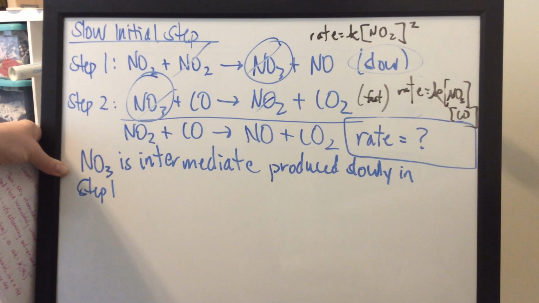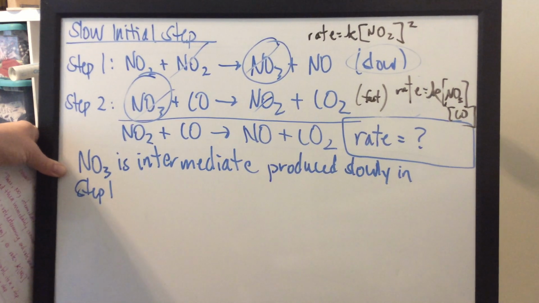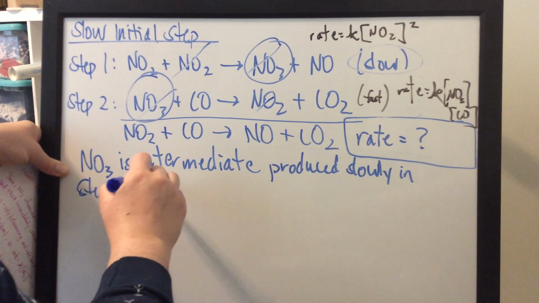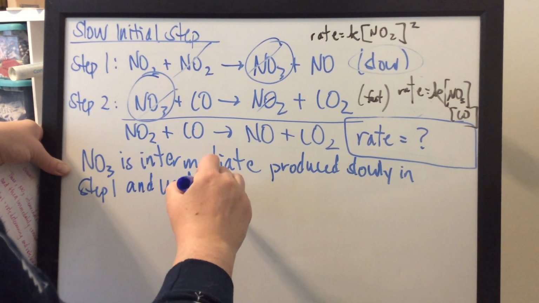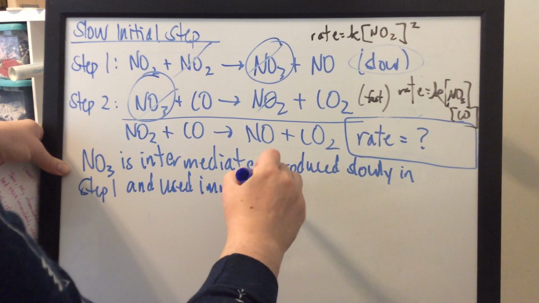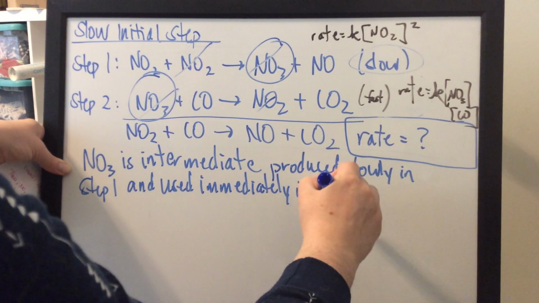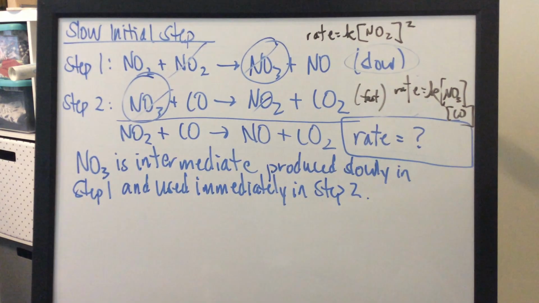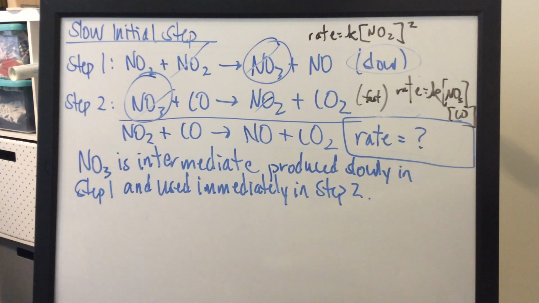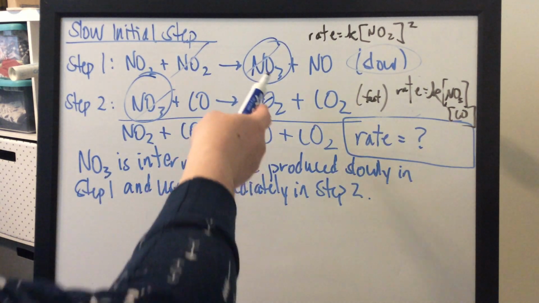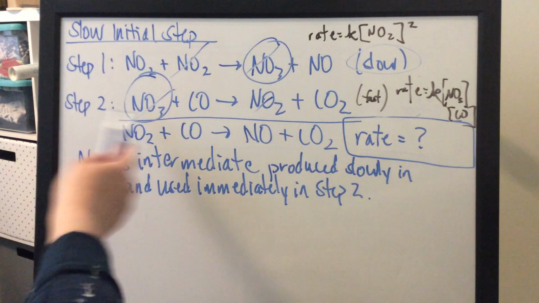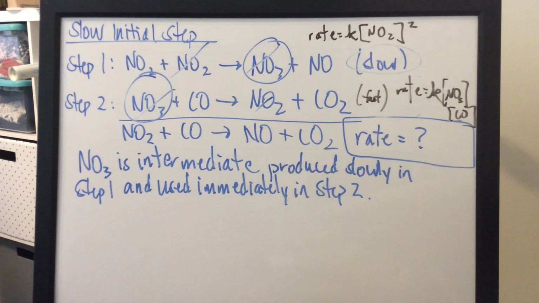And then it's used immediately in step 2 because it's fast. Okay, so NO3 is an intermediate. It's produced slowly in step 1. So it's slow to be produced, but then as soon as it's produced, it's used in step 2 because step 2 is the fast step.